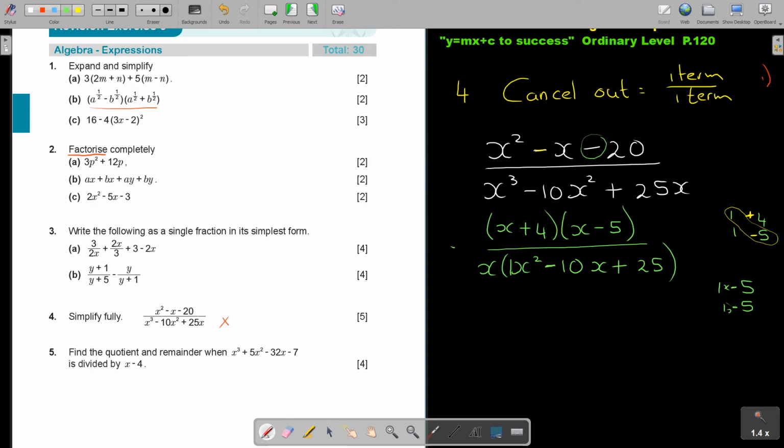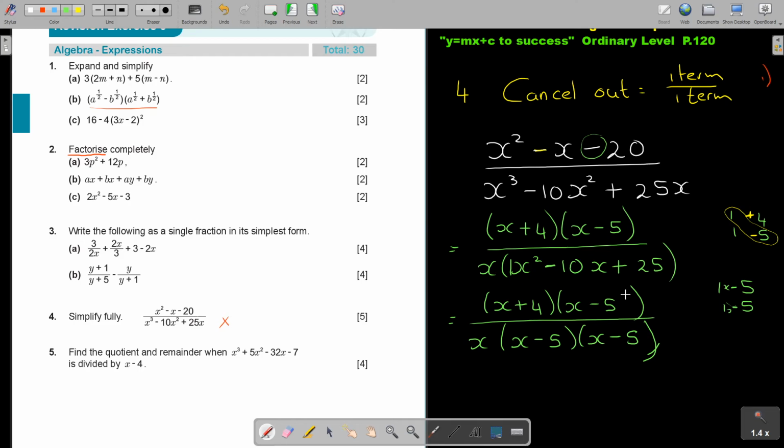So if I rewrite it again, I'm going to say it's x plus 4, x minus 5. Don't forget that outside x, and then your two brackets, x minus 5, and again x minus 5. And now you have one term over one term, and now you can only cancel a bracket out if they look exactly the same.